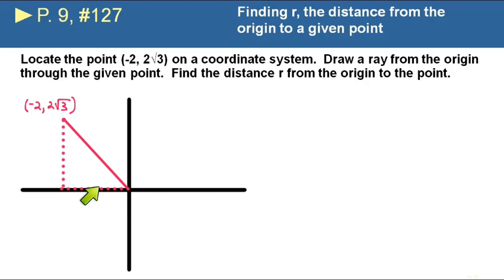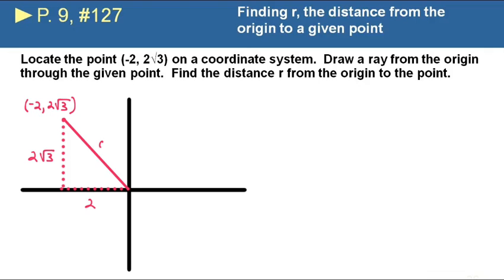Now the length of the horizontal side is going to be 2. And the length of the vertical side is going to be 2 square root of 3. Now, you could figure out on your calculator how much that is in decimal form so you can visualize it better, but it doesn't make any difference. 2 square root of 3 is just a number. So we know that if we want to find this hypotenuse length, we're going to have to use the Pythagorean theorem. So again, it's a squared plus b squared equals c squared, where this is c.